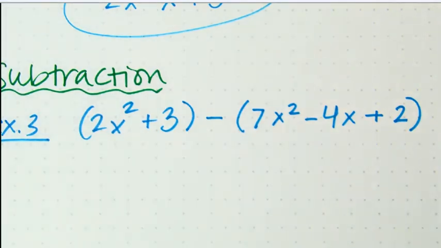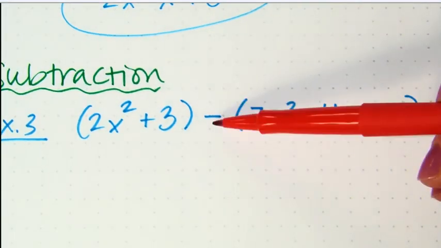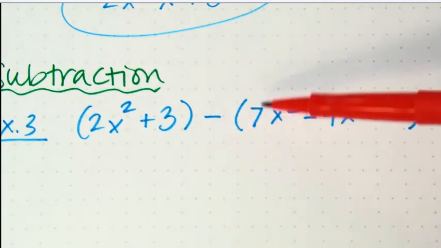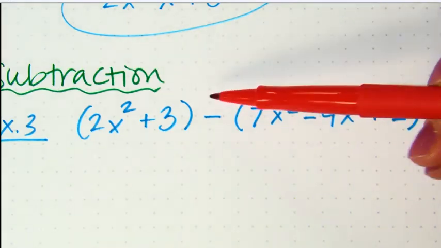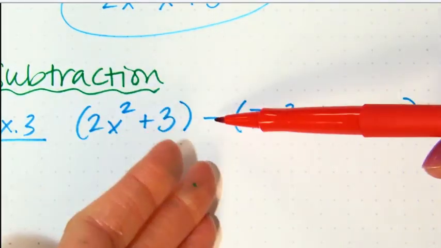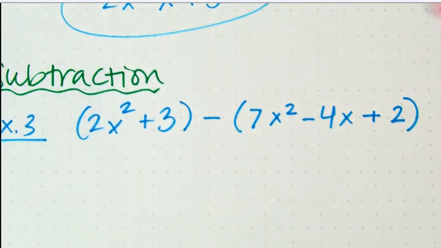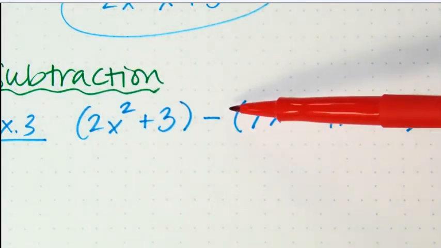The way I like to explain it, you can go through and change this to addition and then make everything inside the opposite, right? Keep, and then everything's the opposite, or keep this, change that to subtraction, and then everything here becomes the opposite. I like to look at it as we're distributing a -1.